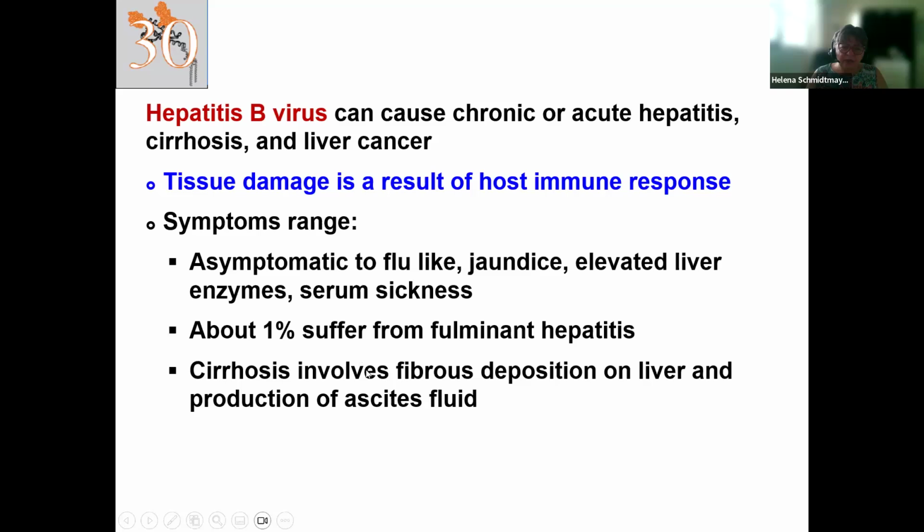Chronic infection leading to cirrhosis usually involves fibrous deposition during the healing process in the liver and also production of ascitic fluids. Tissue damage, therefore, is usually not due to virus replication but due to host immune responses.